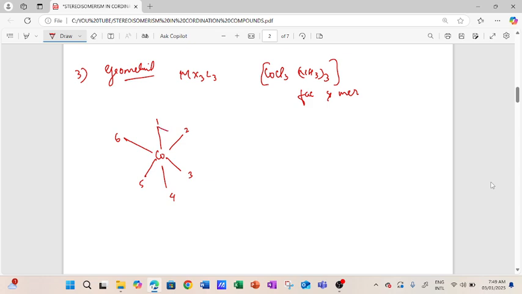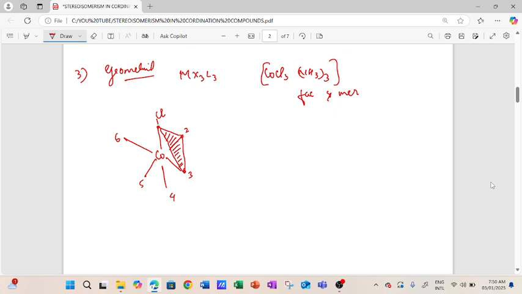For example, I'll join corner number 1, 2 with the 3. This is how, if I draw, we get a triangular plane. And this triangular plane has 3 corners, 1, 2 and 3. So you take any one plane, and those 3 corners are occupied by the same ligand.